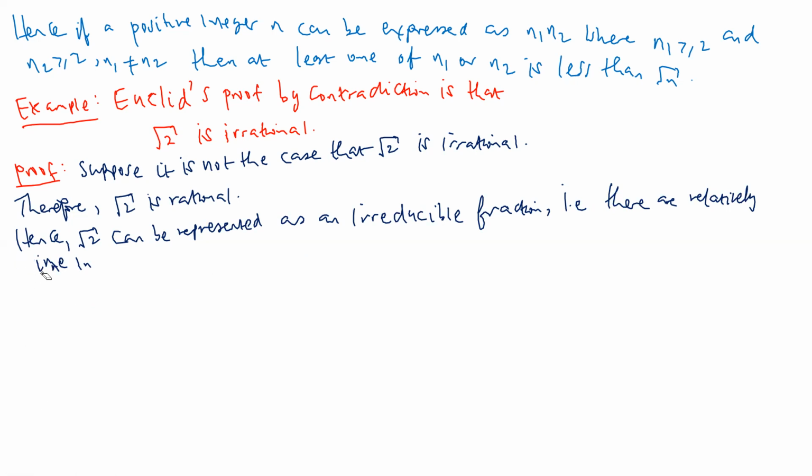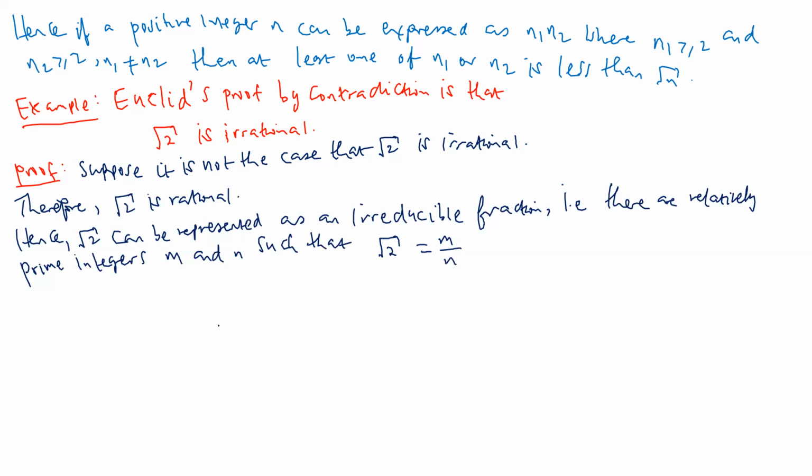So the integers that are relatively prime with respect to each other. Relatively prime integers m and n such that the square root of 2 can be written as m divided by n.